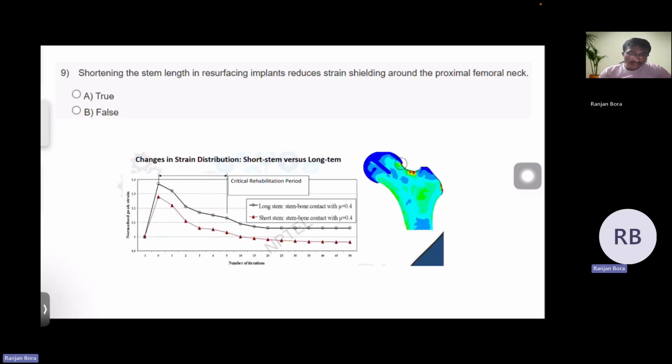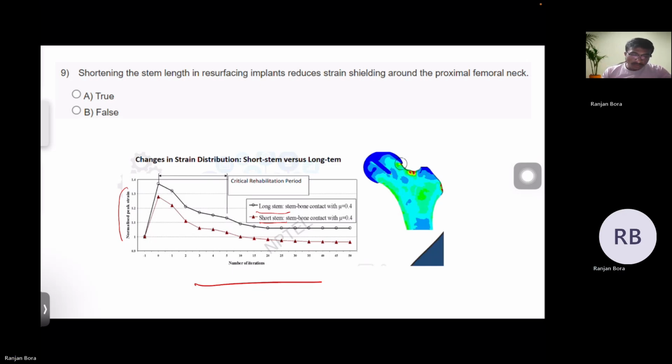Again, there is one chart in the slides in which we can see two plots. One is for the long stem in black color and one is for the short stem in red color. So we can see that the normalized peak strain is higher for the long stem compared to the short stem.